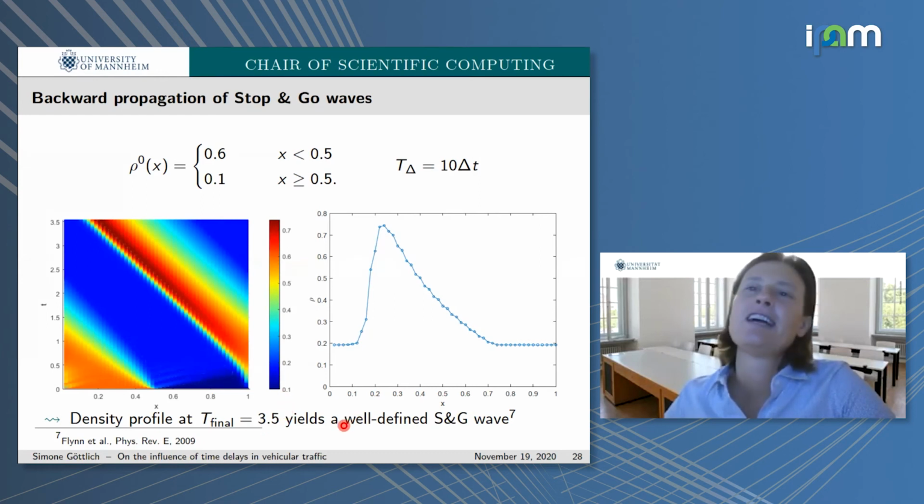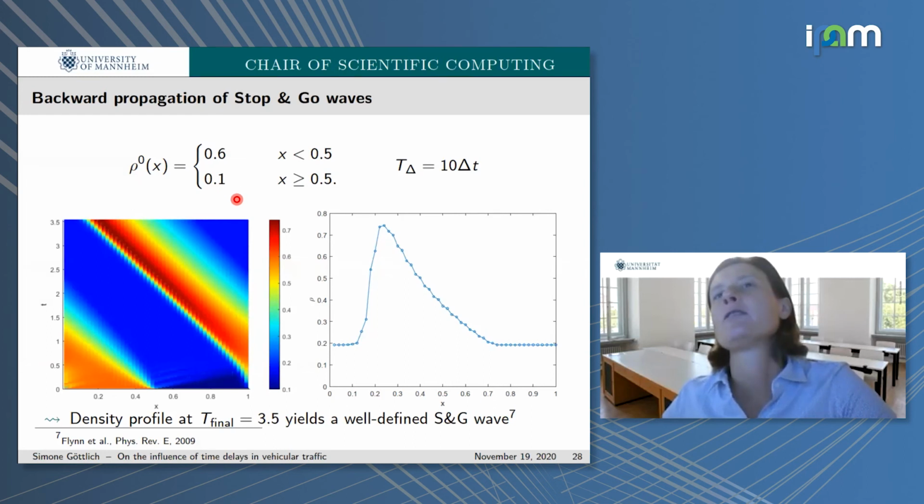Well-defined means this is the reference by Flynn et al., and I guess also Benny Seibold contributed here. We end up with a stop and go wave of this type for the delayed model when we start with this initial data and periodic boundary conditions.